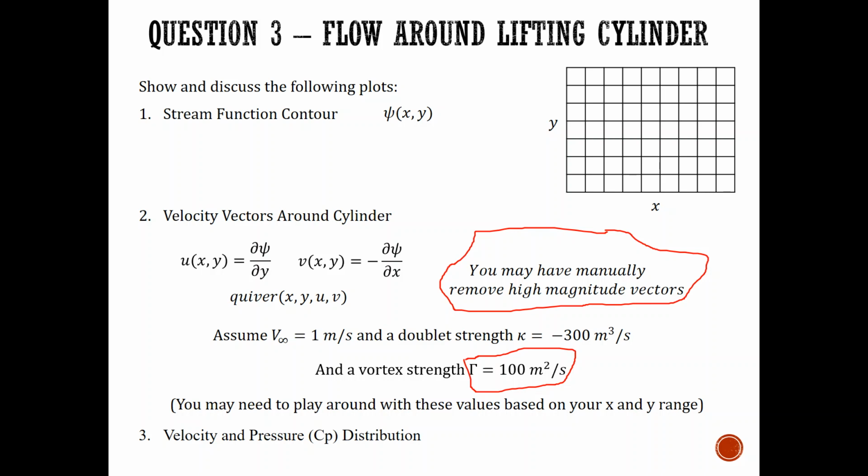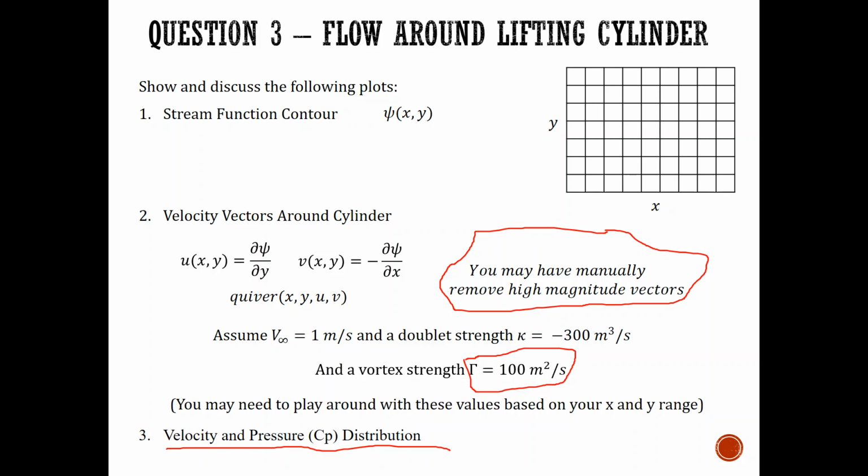Okay, so you go through the same process to get the velocity and pressure distribution as well. Once you find the stagnation point and then the surface streamline, plug that into the stream function to get the surface streamline, and then plug in the surface coordinates of u and v into the velocity equation, and from there you get the CP.